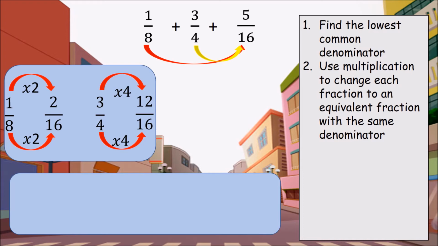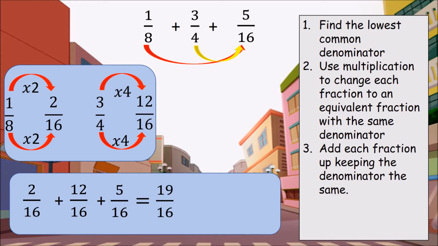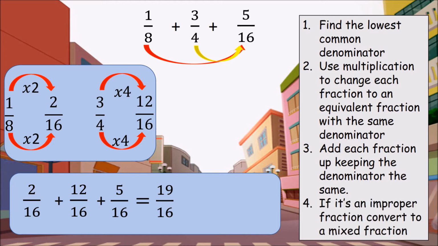Now we've got our 3 fractions which all have a common denominator. We're going to add them up, keeping the denominator the same. So we have 2 16ths plus 12 16ths plus 5 16ths. Okay, so 2 plus 12 is 14, and 14 plus 5 equals 19. So 19 16ths is our answer. But wait, if it's an improper fraction, we need to convert it back to a mixed fraction.